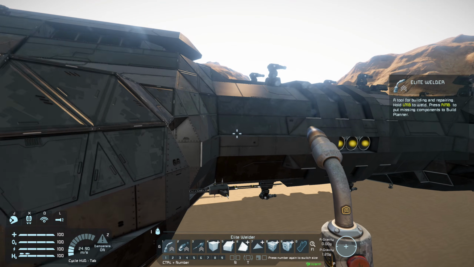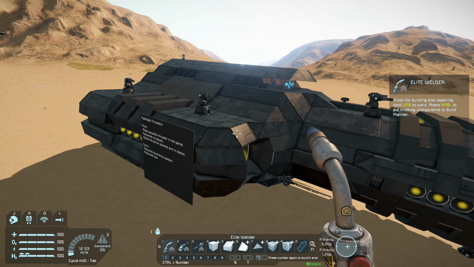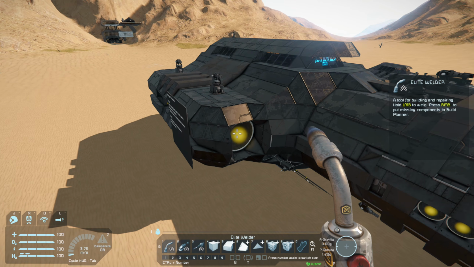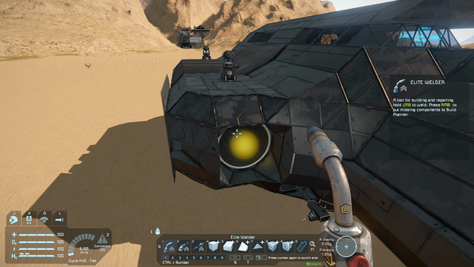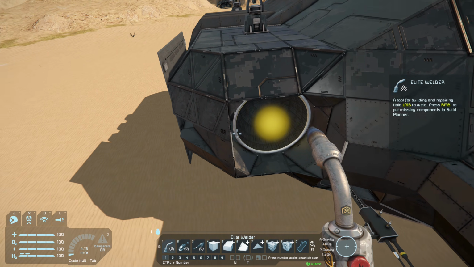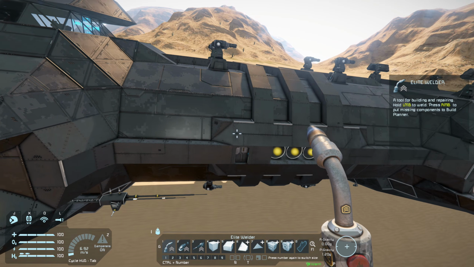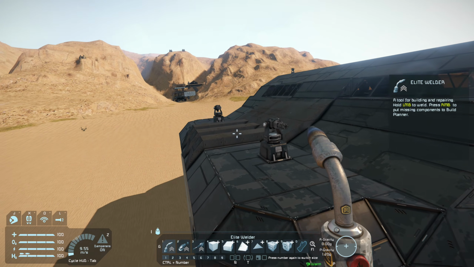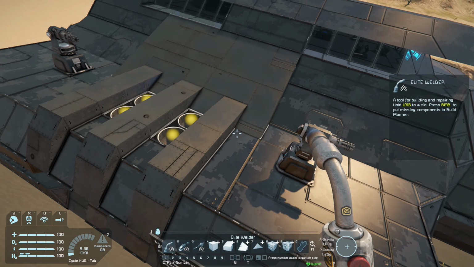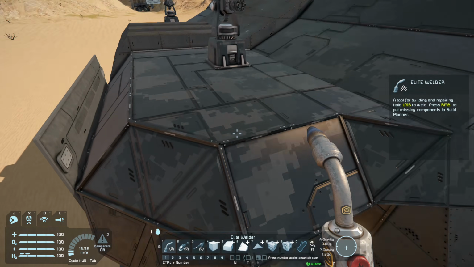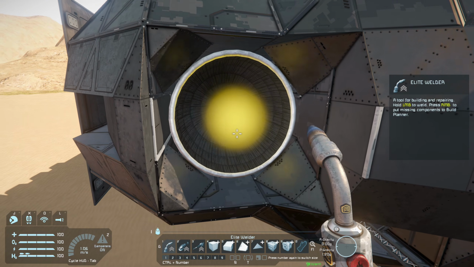The other downside, which is related to having to run conveyor systems to these thrusters, is that sometimes you might find yourself in a firefight and a portion of your ship, say here, is damaged, and some of the conveyors that lead to this thruster here are damaged.